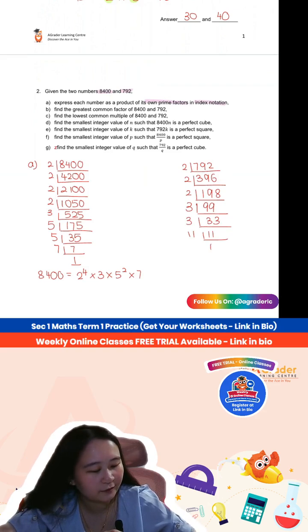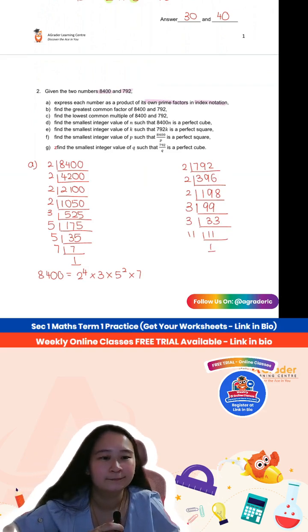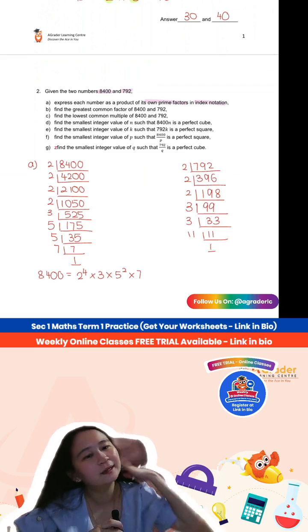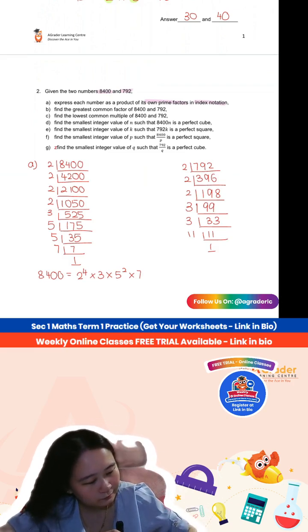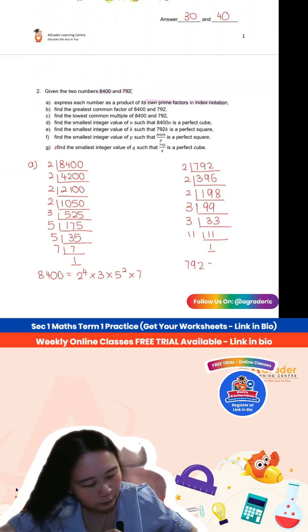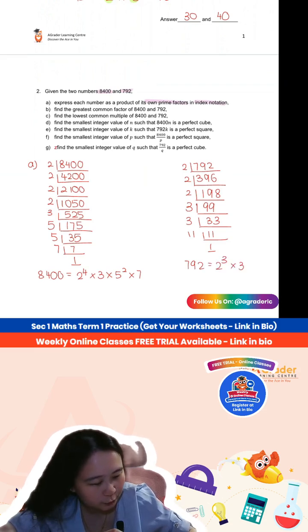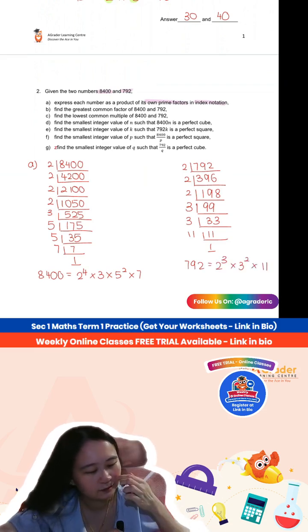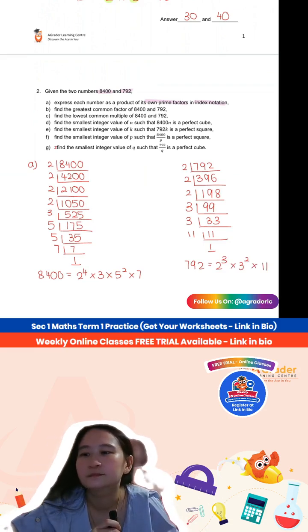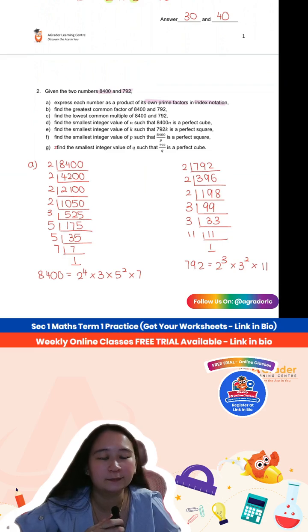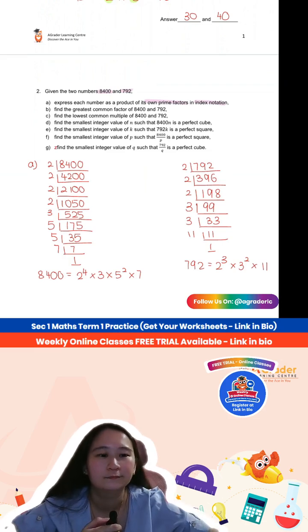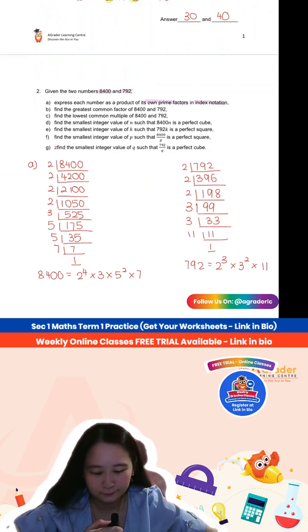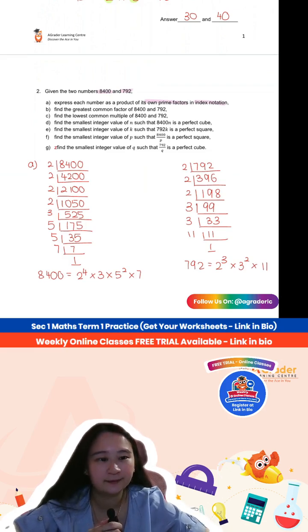And divide by 11, we get 1. 792 equals 2 to the power of 3 times 3 squared times 11. Okay, so this is for part A.